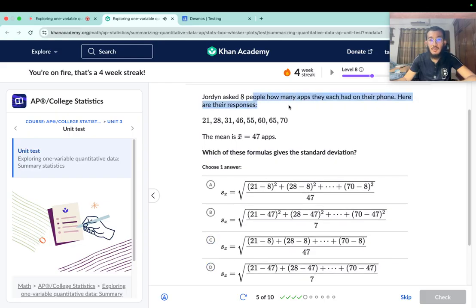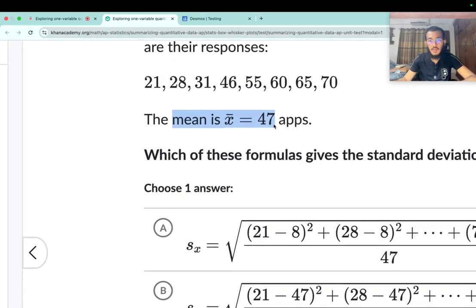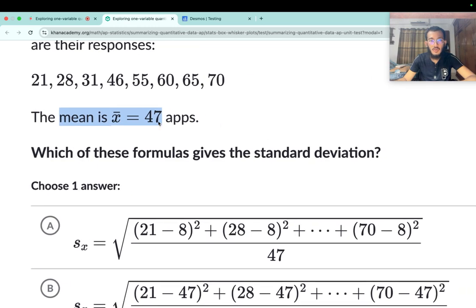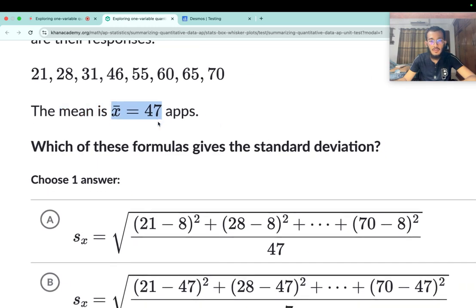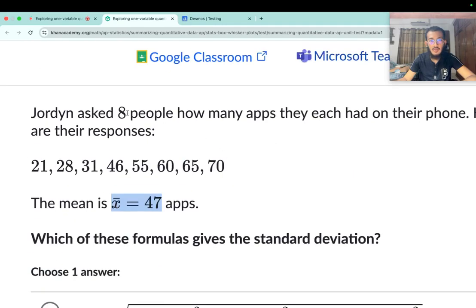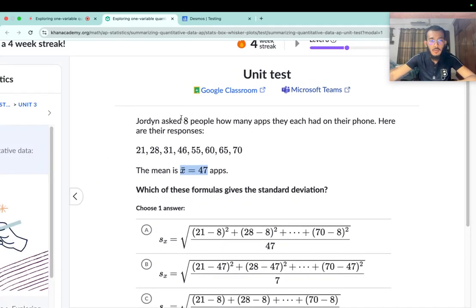Jordan asked six people how many apps they each had on their phone. Here are the responses. The mean of the data is 47 apps. Which of the following gives the standard deviation? So 47 is the mean, so we have to subtract each data from 47, square that, and divide that by n minus 1, because Jordan asked a sample of people, not the population.